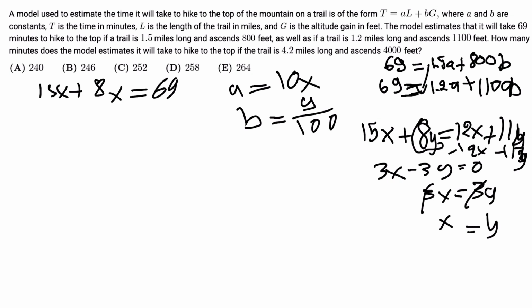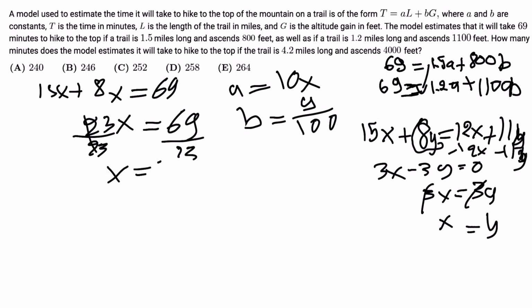So now we can solve for x using this. 15x plus 8x is 23x, equal to 69. Then we divide both sides by 23, and we end up with x is equal to 3. And since x is equal to y, that also means y is equal to 3.